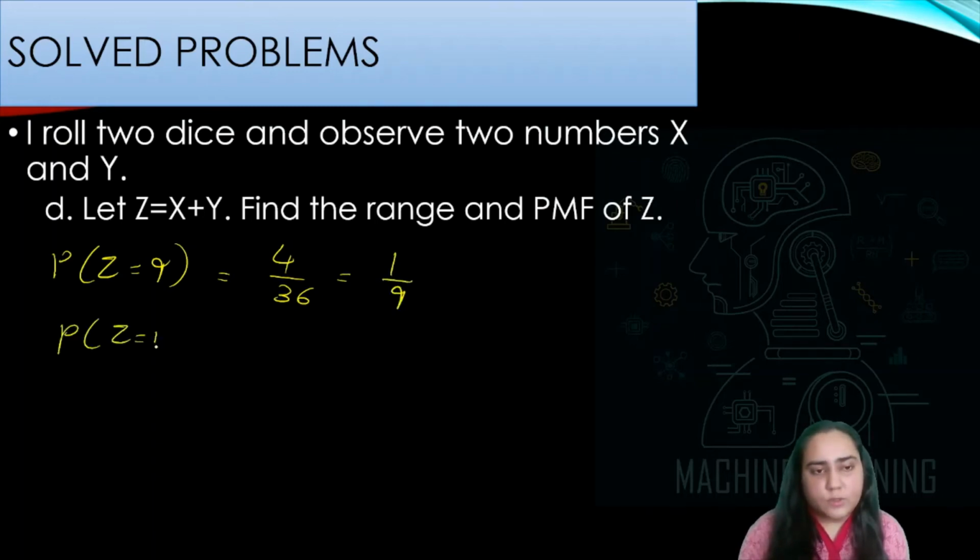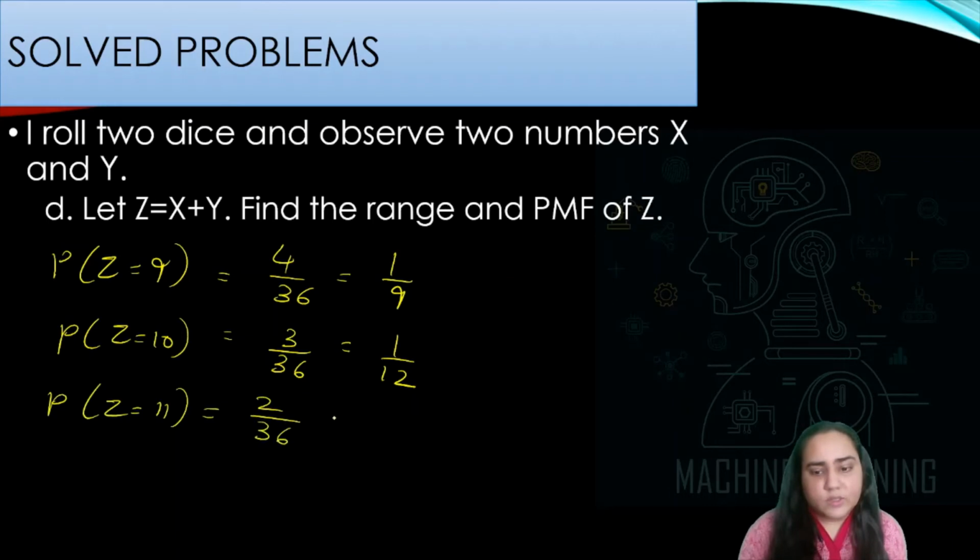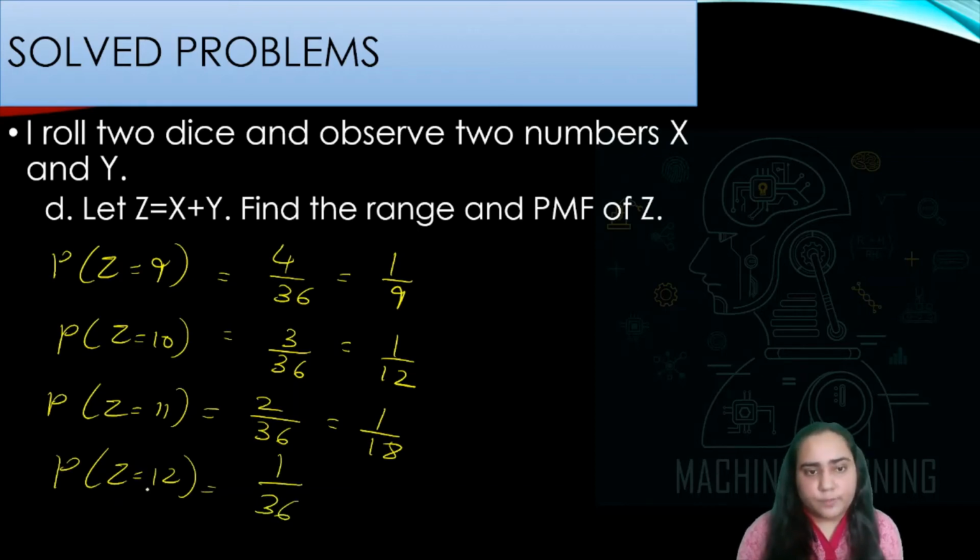Probability of z equal to 10 will be 3 by 36, which will come to 1 by 12. Probability of z equal to 11 will be 2 by 36, which will come down to 1 by 18. And then probability of z equal to 12 will finally be 1 by 36, just the same as probability of z equal to 2. So these are the possibilities.